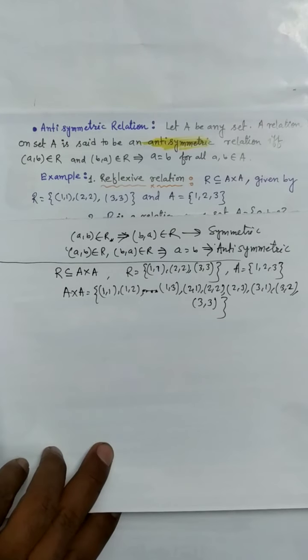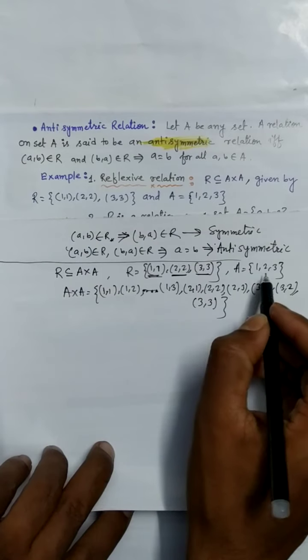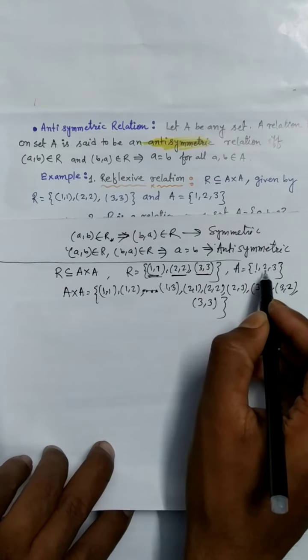These elements are there if our set is {1, 2, 3}.